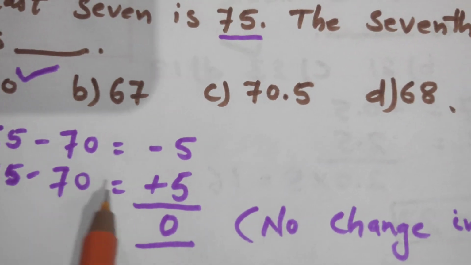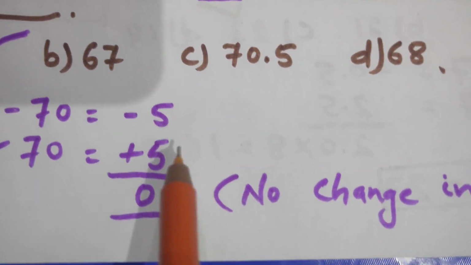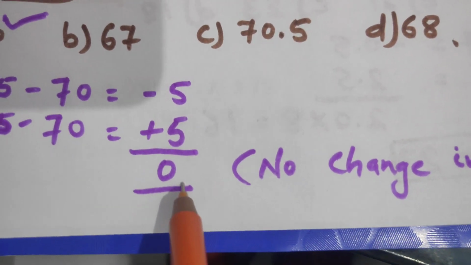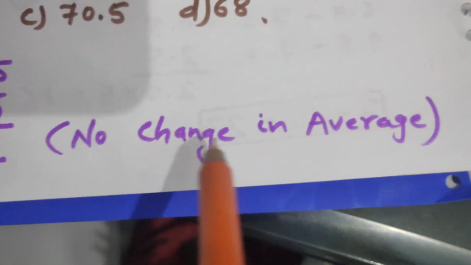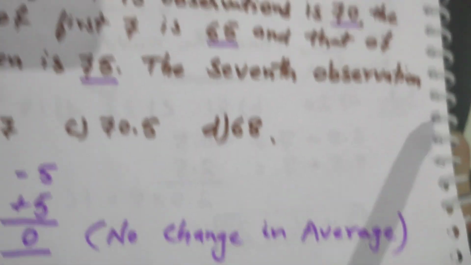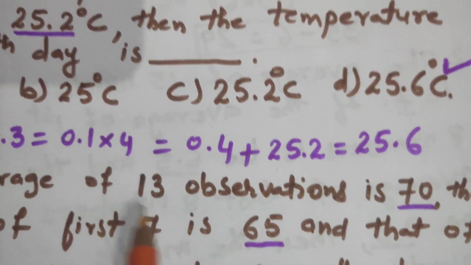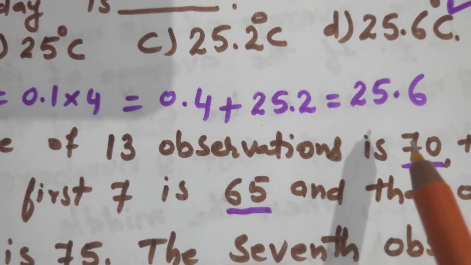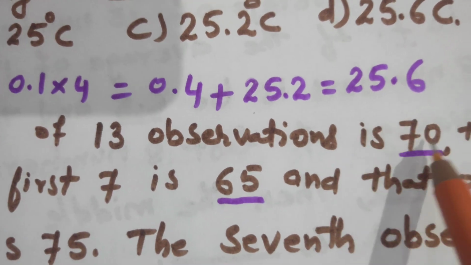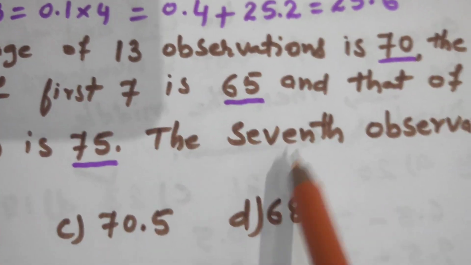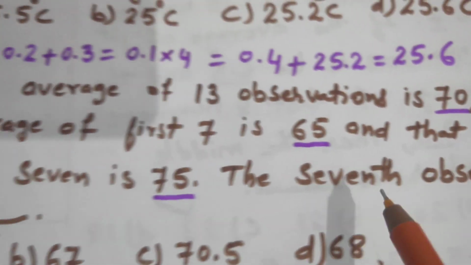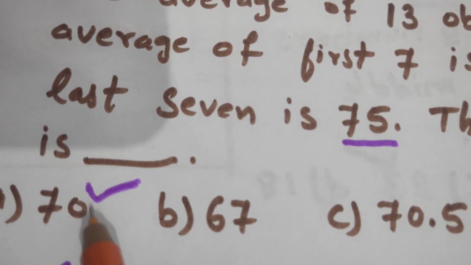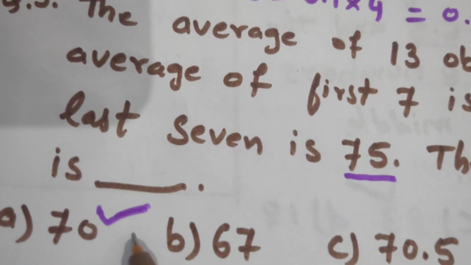So 75 minus 70 is plus 5. Minus 5 plus 5, 0. 0 means no change in the average. Whatever average is there, yes, 70, that will be my 7th observation. So my answer is 70 only.